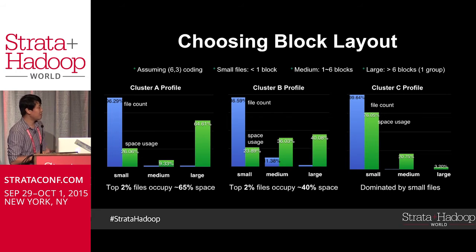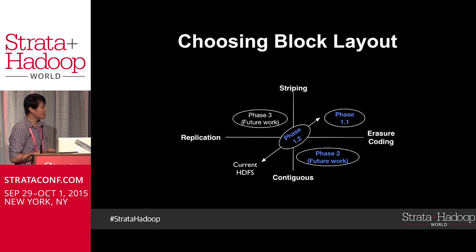Even in the first cluster, if we only apply erasure coding on the contiguous layout, then we're only saving for the 65% of space usage. And in some other clusters, there will be no saving at all if we do contiguous layout. For example, the third cluster. So that motivates us to assign phase 1 of the project to be erasure coding on striping layout.